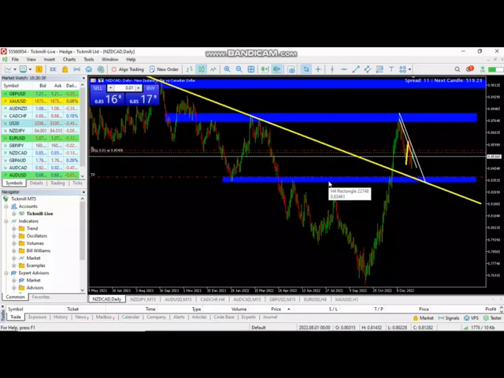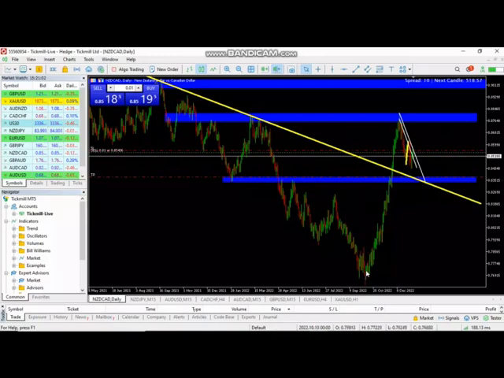So when I look for trades, I first go into the daily time frame and I look for these areas where the big boys like to jump in and jump out, or where they like to buy and where they like to sell. So now I see there, that was the recent area where a lot of selling took place. This is a recent area where a lot of buying took place.